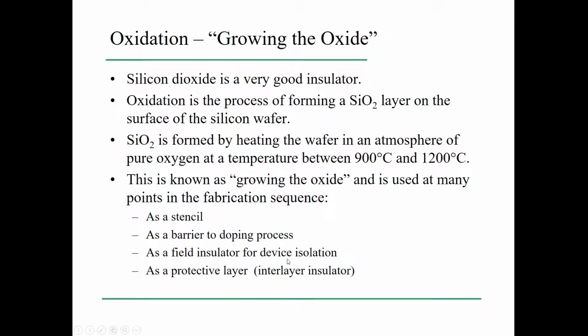One way is to insulate between devices, insulate between the transistors that are on the wafer. And then also, as I mentioned earlier, ICs are built layer by layer, and the layers are insulated with the silicon dioxide. So the silicon dioxide provides many uses.